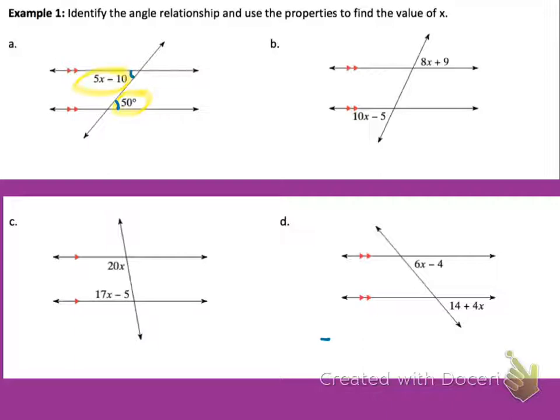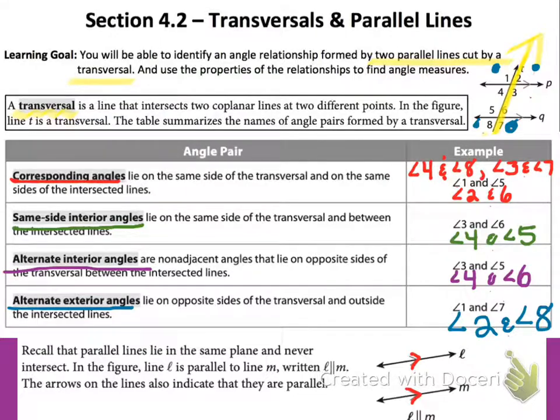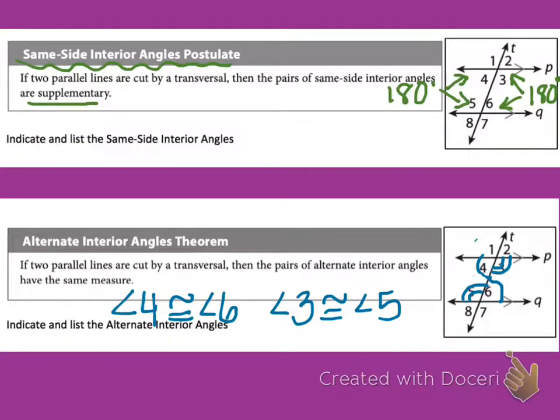Oh, and by the way, I usually like to abbreviate these. These are long ones to write. So if you want to state a property that you're using, I use these shortcuts. For alternate interior angles, I use AIA congruence theorem. Same side interiors, I use SSI theorem.